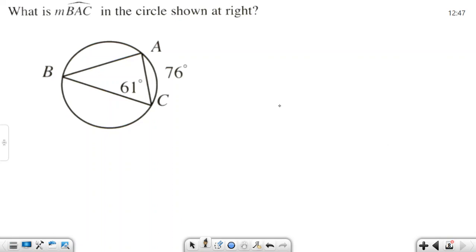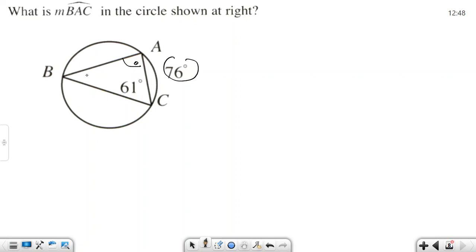This is the last question. It's asking about BAC, so this angle. To calculate this angle, there are two ways. I can use the sum of the interior angles, or I can use the whole circle is equal 360. So I'm going to use the first one.